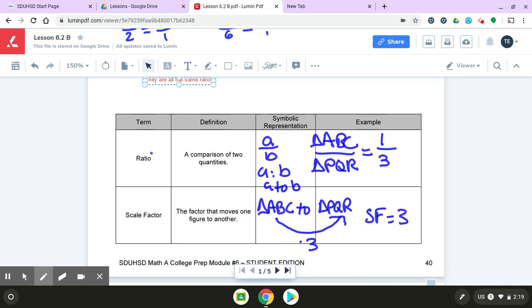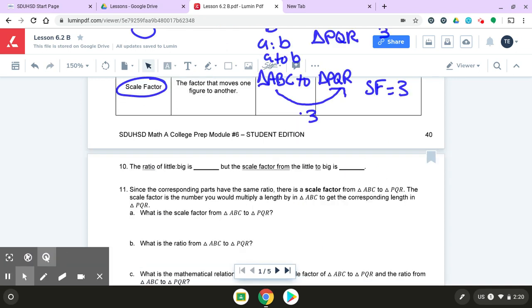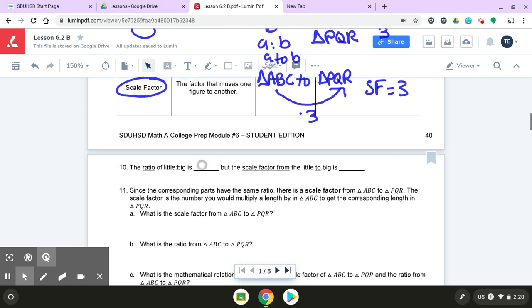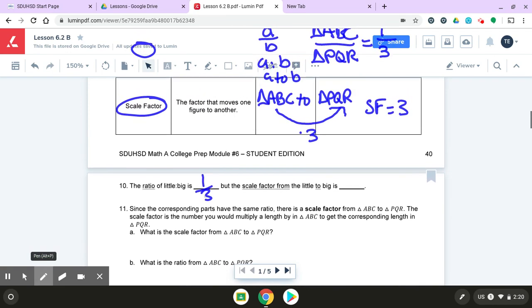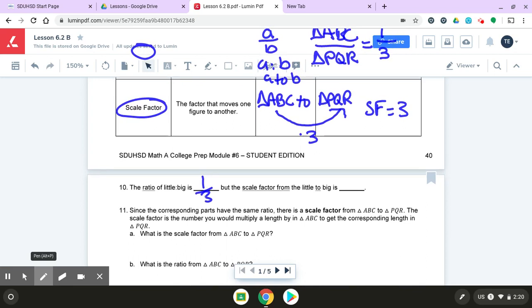Did it say ratio or did it say scale factor? Because those are 2 very different things. So we saw in the last example I just did, the ratio of the little to the big was 1/3. But the scale factor from the little to the big is 3. Okay, so they're reciprocals of each other. We have to pay attention to that.